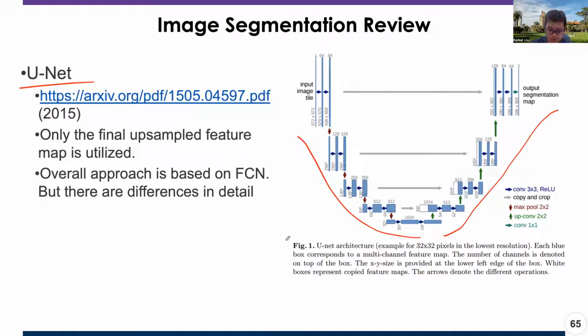But instead of sharing the pooling indices as previously, the UNet architecture does a copy and crop process. That means for the input layer in the encoder process, some of the features are cropped, and the cropped version of the feature is actually copied to the decoder.